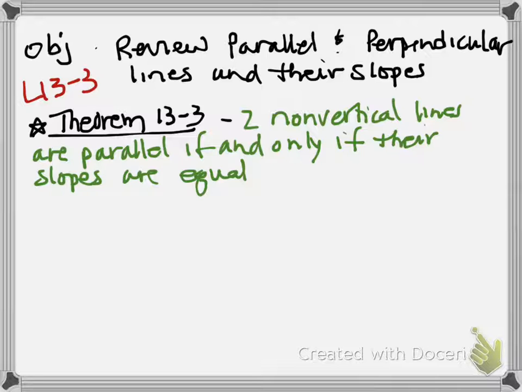Because it's undefined, we can't talk about it. This is why people who do well in geometry become lawyers, because it's nitpicking the details. It's a technicality that we're disqualifying vertical lines through this theorem, but in reality, we know all vertical lines are parallel to each other because they will never intersect.